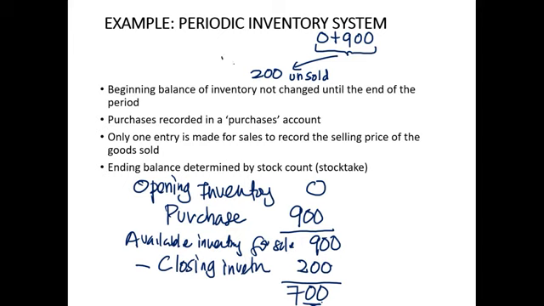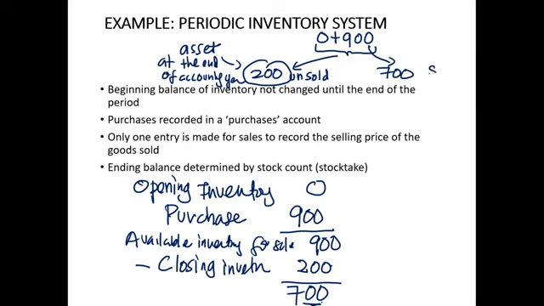And this is your assets at the end of accounting year, 200. So the 700 is what we call the sold item, or cost of sales.